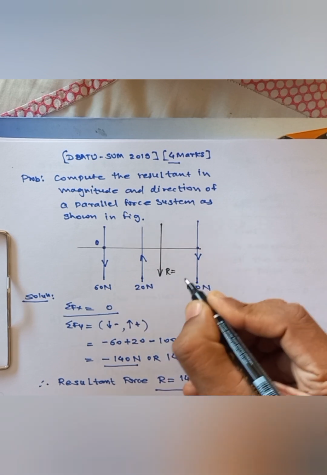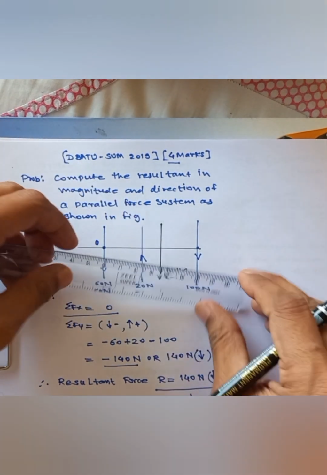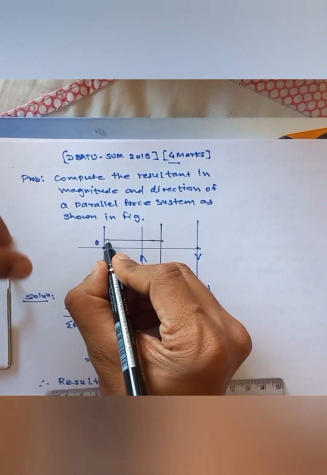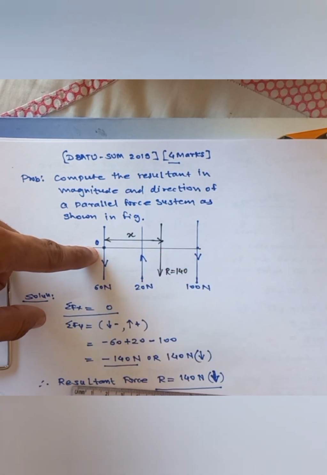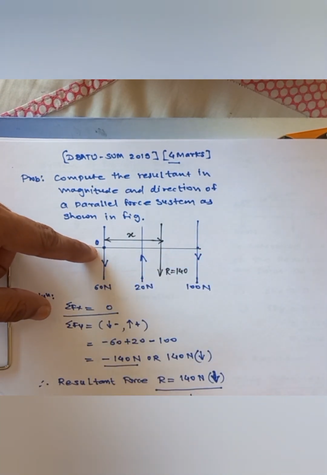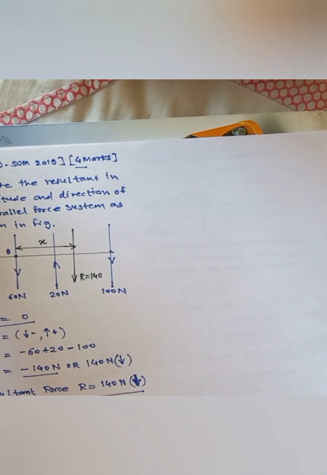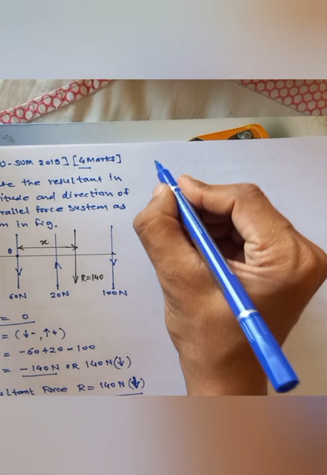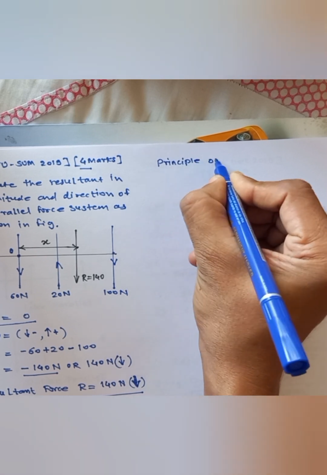I got the value also, so I will show it in the diagram, and I will assume the distance between the O point and the resultant force as x. I hope it is clear to you. Let us find x now from the basic principle, using the principle of moment.